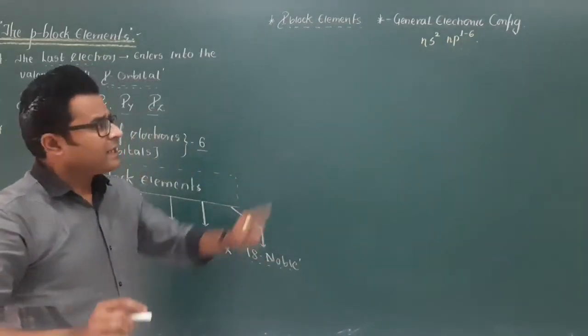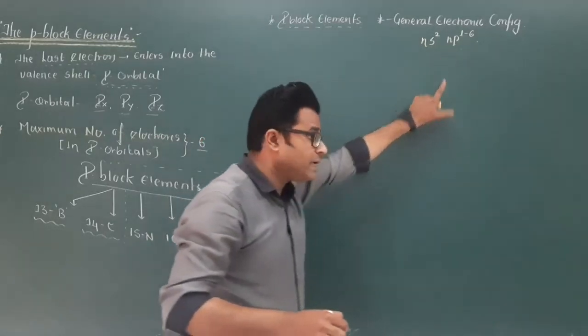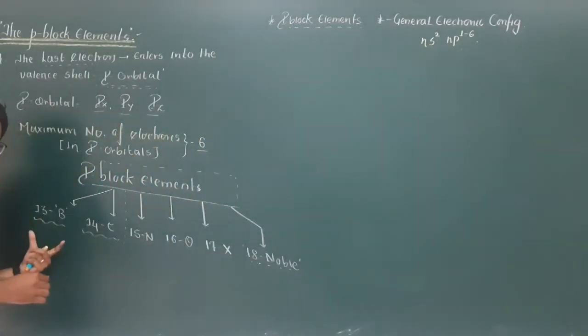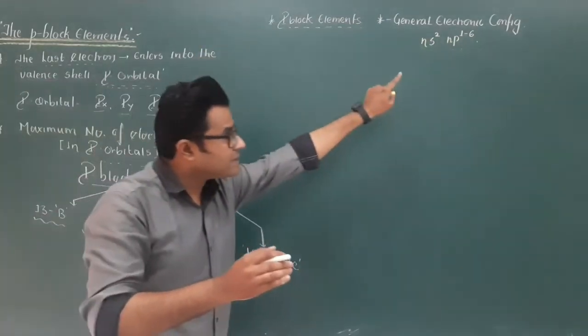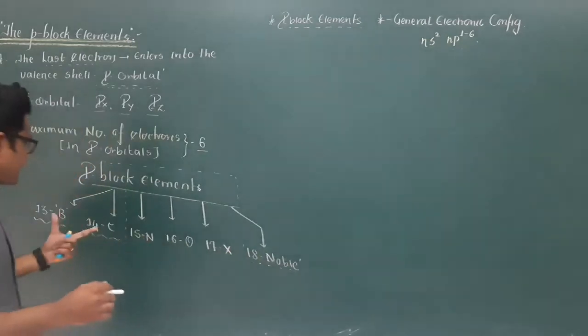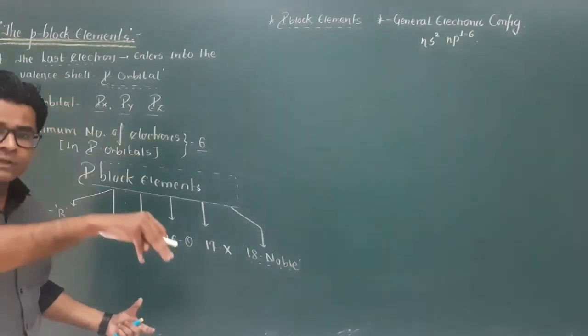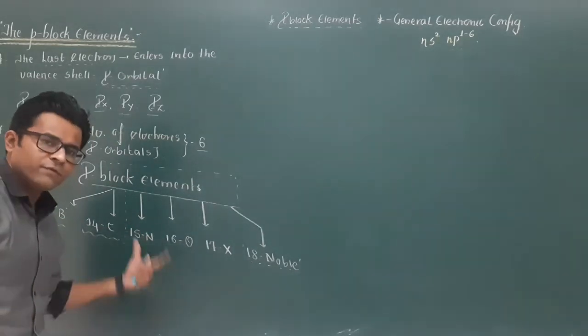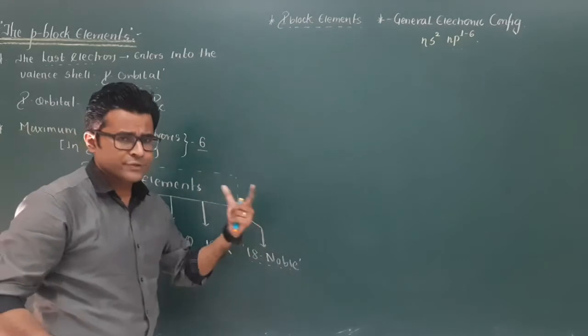Quite simple. If only one electron is entering the p orbital, we classify them under the boron family. If two electrons are coming into the p orbital, we take it under the carbon family. If 3 electrons are coming into the p orbital, nitrogen. 4 electrons, oxygen family, and so on and so forth.